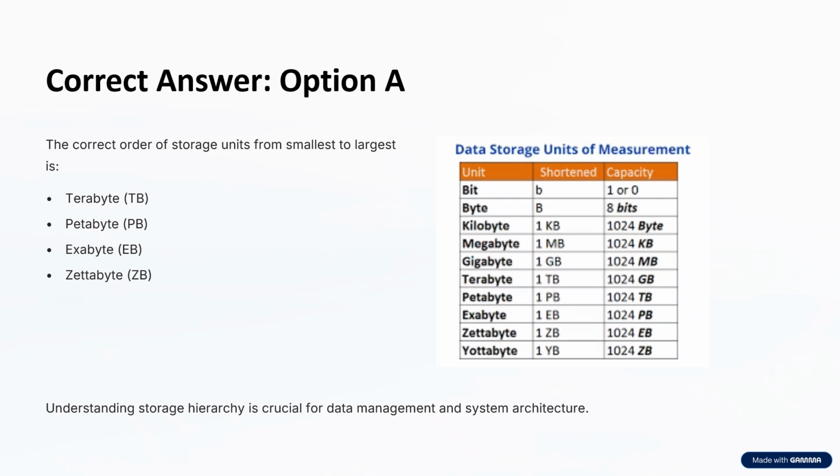The third is the 1 kilobyte, which represents a capacity of 1024 bytes. Then the megabyte, 1 megabyte, which represents 1024 kilobytes. Then gigabyte, terabyte, petabyte, exabyte, zettabyte, and yottabyte. So these are all the data storage unit measurements.